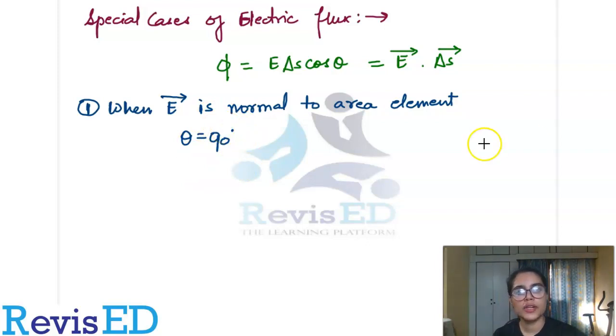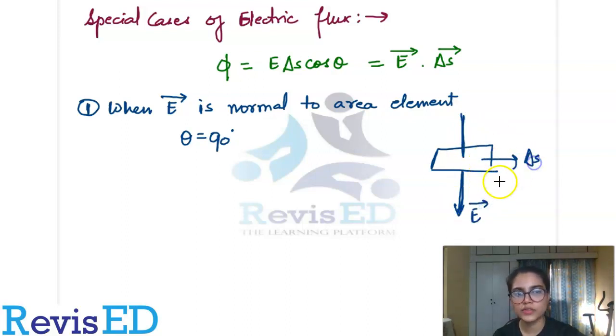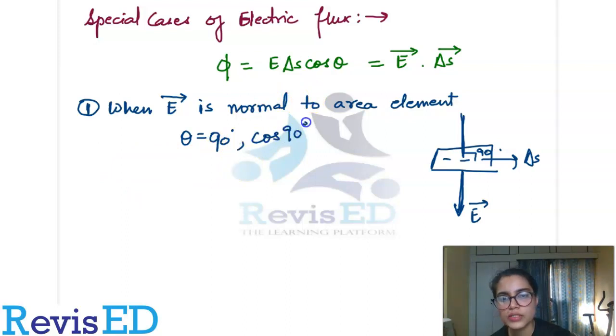For example, suppose this is your area, and let's assume this to be the electric field and this to be the area delta S. It is at some angle, and this angle is 90 degrees. So when theta is 90 degrees, the value of cos 90 degrees is equal to 0.